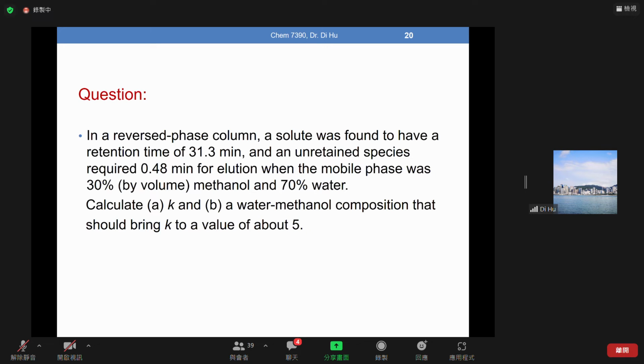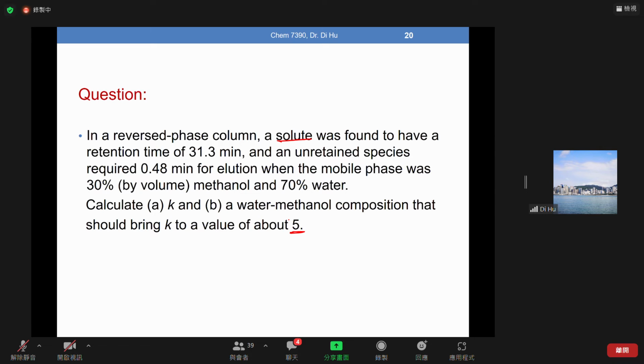Can you calculate the K value for this solute? And also, can you provide a water-methanol composition that can bring the K value to about 5? Okay, two questions.